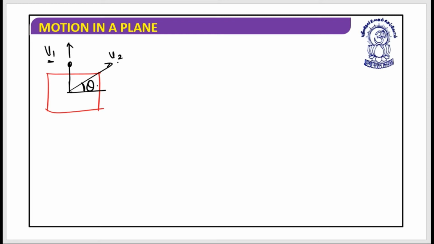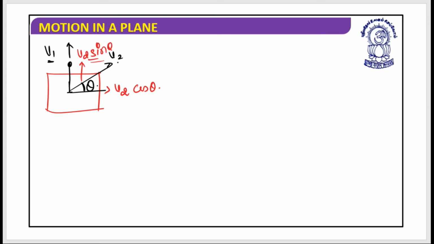So it is continuously moving in this direction with speed V1. Suppose this bag or box is kept in a helicopter and that helicopter is moving in upward direction. So the components are V2 cos theta and V2 sine theta.